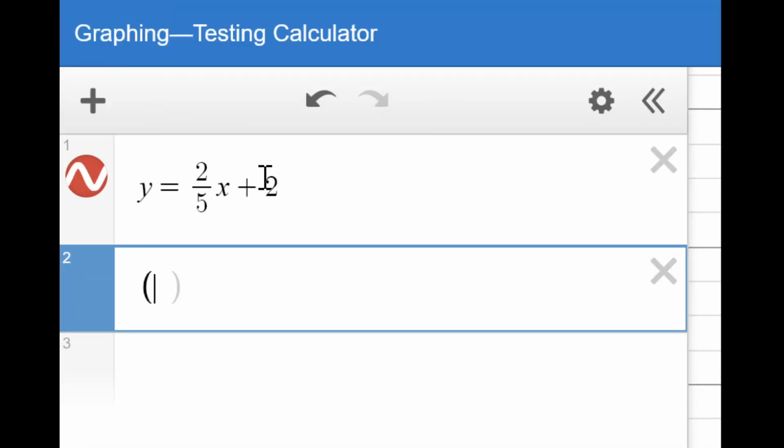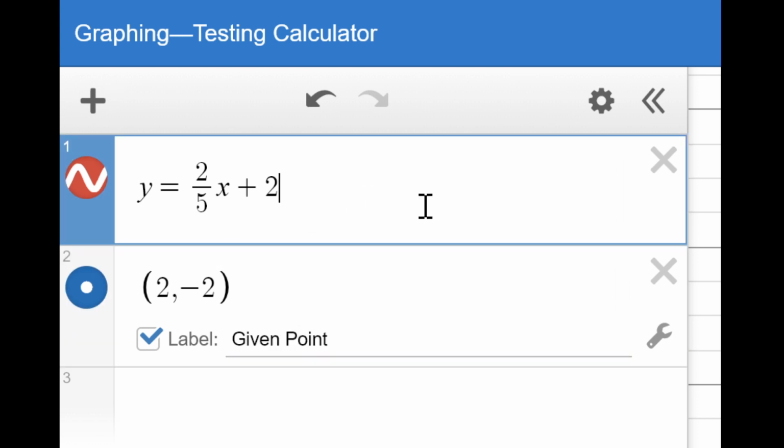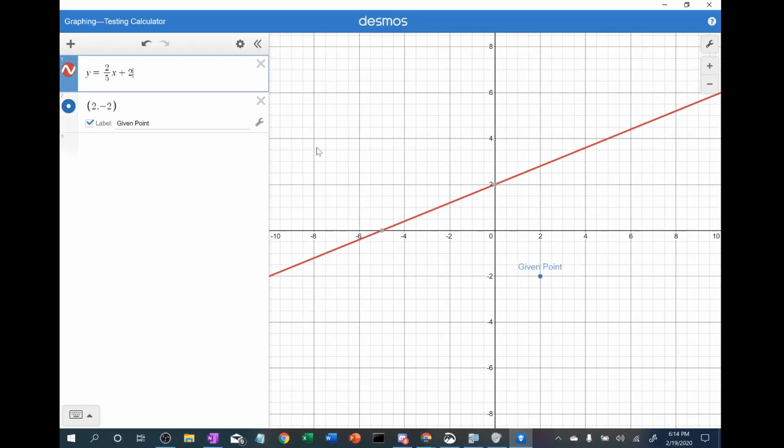So let's plot 2 comma -2. All right. So this I'm going to label. This was our given point. This equation was our given equation. So let's zoom out. So we see the given point right there. Now we need our line to pass through that point, but it has to be perpendicular to this red line.